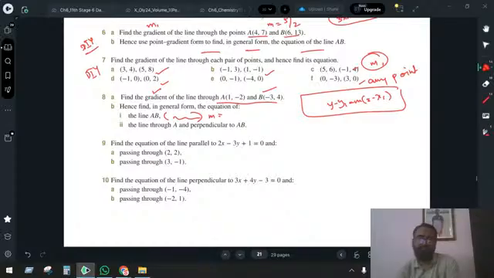It should be the answer. It is y2 minus y1 by x2 minus x1, that's it.